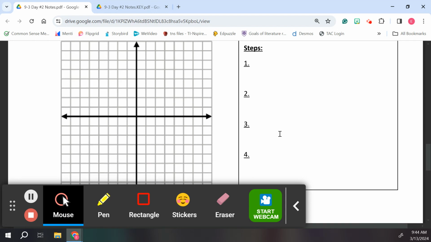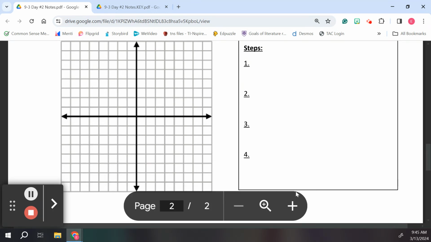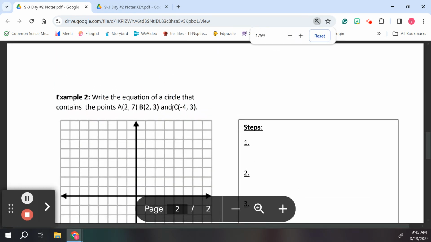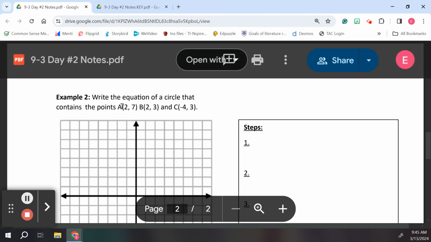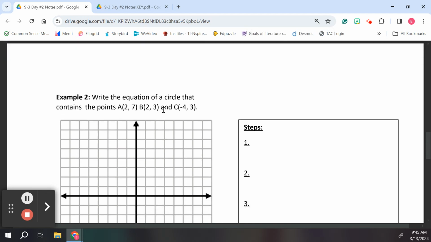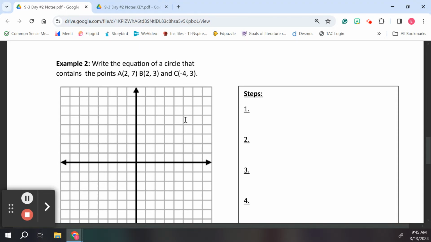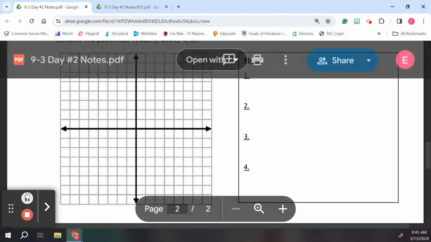All right, so here's our graph. Let me zoom out just a smidge. It says write the equation of a circle that contains the points A (2, 7), B (2, 3), and C (negative 4, 3). So let's graph those points real quick.